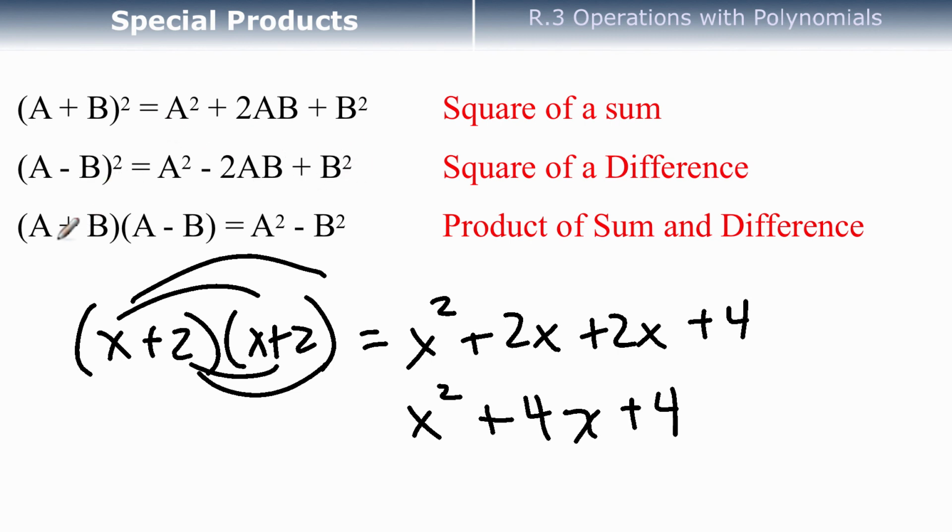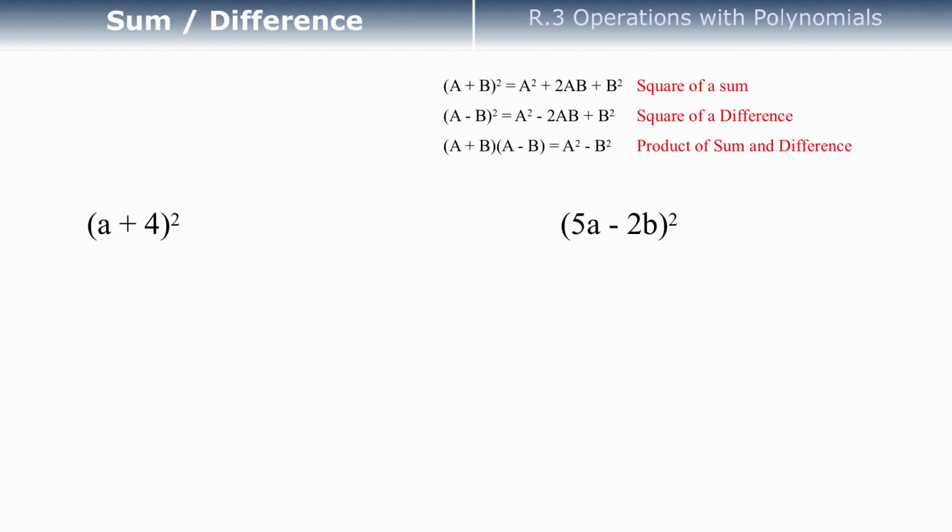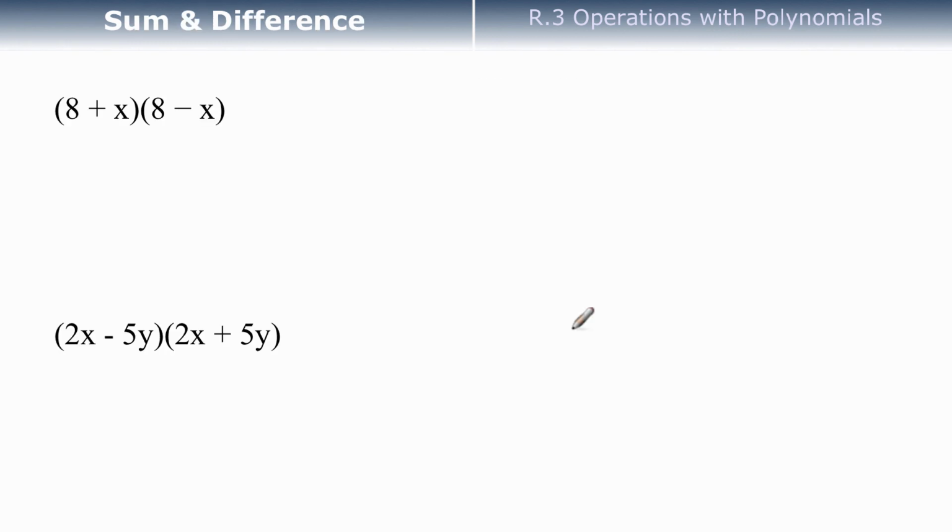Now, with this last one, you can do this one, but this is a nice one to be able to recognize. And it's called the difference of squares. Let me do one of those. I guess when you go the other way, it's called the difference of squares. But here I'm multiplying two binomials, and they're conjugates of each other. Or in other words, one has a plus and one has a minus.